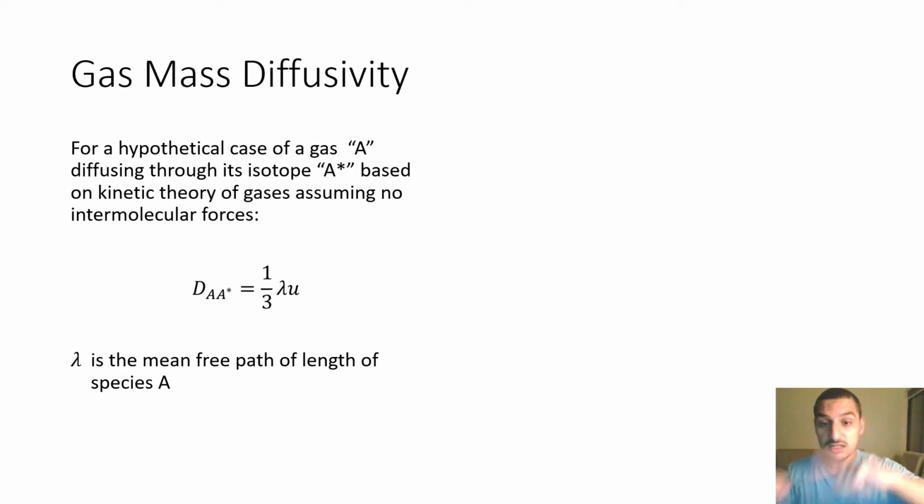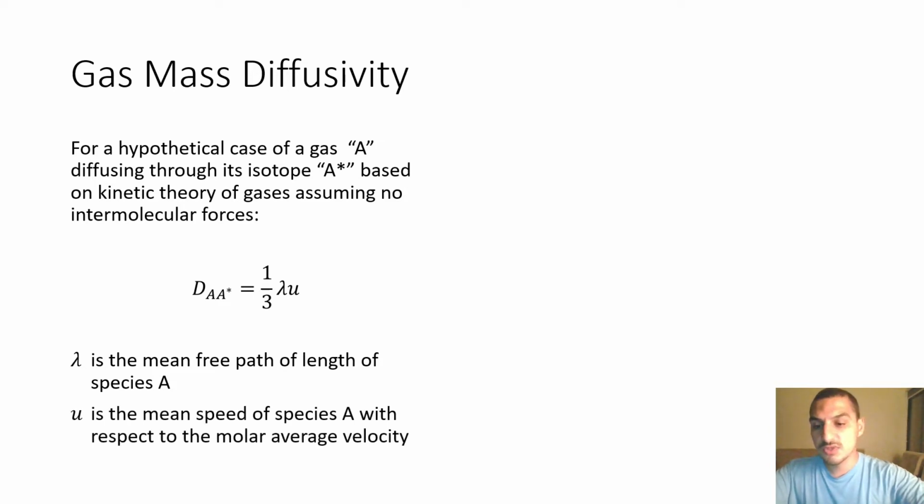It goes in a wavy pattern or path, and the amplitude of this wavy path is what we call the mean free path length of species A. And U is the mean speed of species A with respect to the molar average velocity, the average velocity that we discussed before.